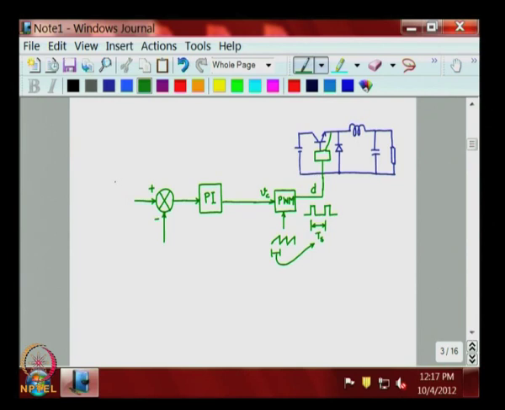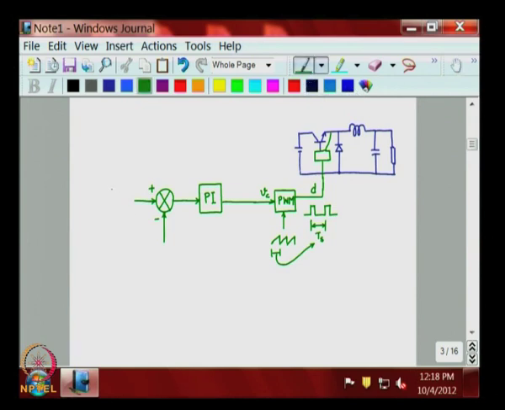Now, let us say that we would like to control the output voltage. If you are controlling the output voltage, then you provide an output voltage reference and you feed back a signal which is proportional to the output voltage. If you are controlling the inductor current, then you will be setting the inductor current reference, feed back the inductor current, or if you are controlling anything else, that particular parameter's reference has to be set here.